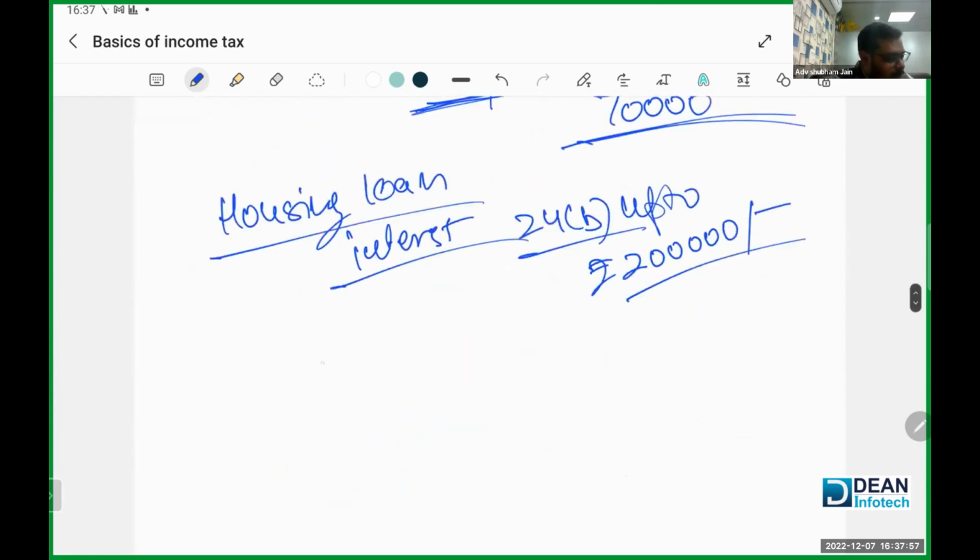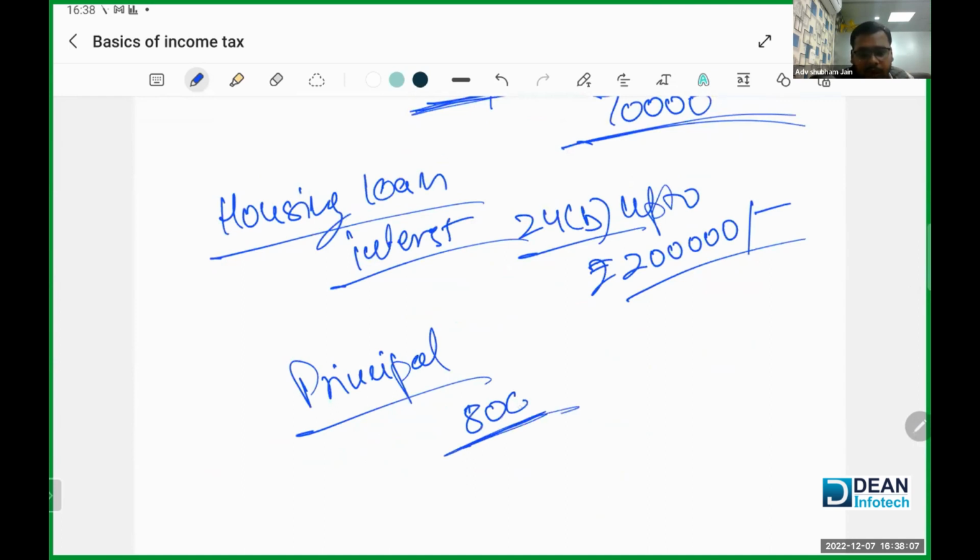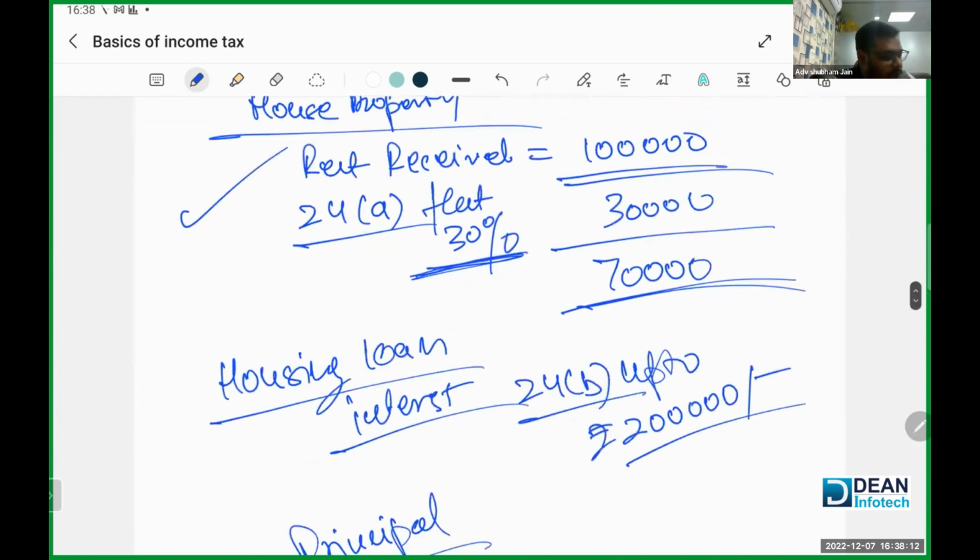And also the principal repayment for this particular home loan can get covered under section 80C, which we are going to discuss later on in the part of deductions. So this is how we calculate the income received from house property, flat 30% under section 24A and up to rupees 2 lakh in 24B if you have taken any housing loan. We are not talking about LAP, we are not talking about personal loan, only housing loan if you have taken, and the interest part of that up to rupees 2 lakh you can claim deduction under the head house property.